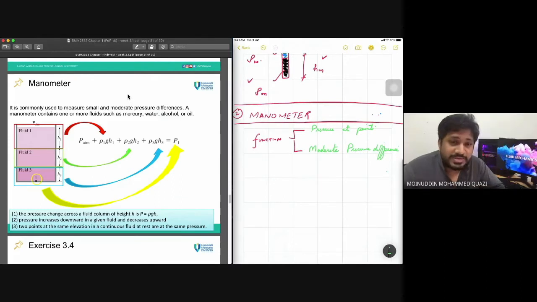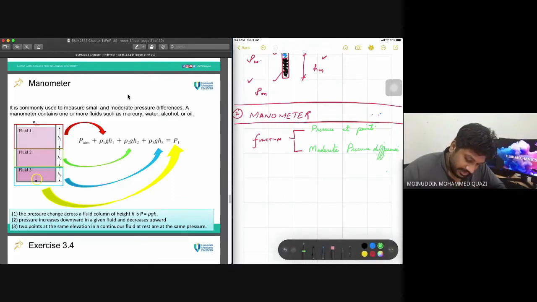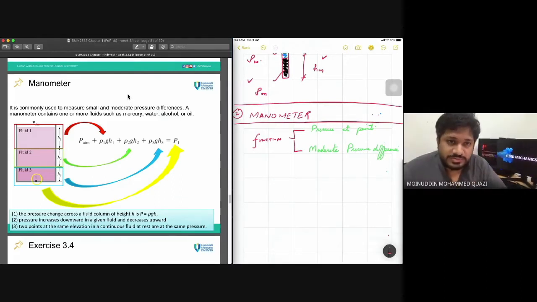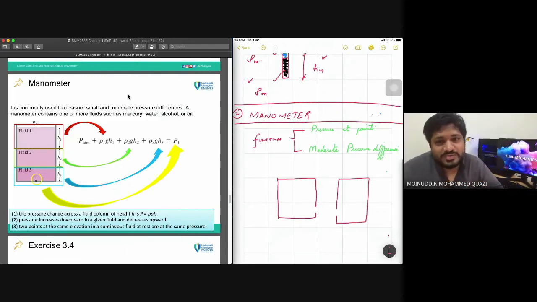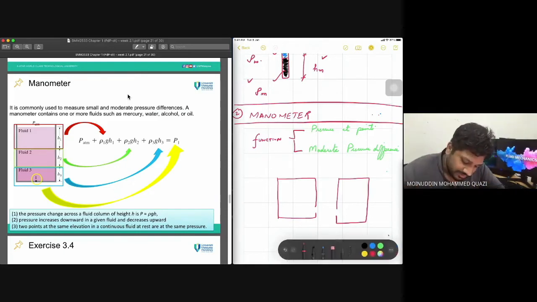How does this happen? Let's say I've got two rooms. One is Alif's room and one is Shamil's room. So I've got room number one and room number two. I connect these rooms with a U-tube.